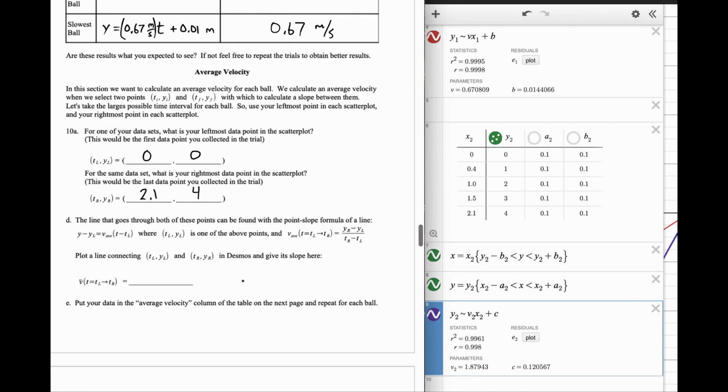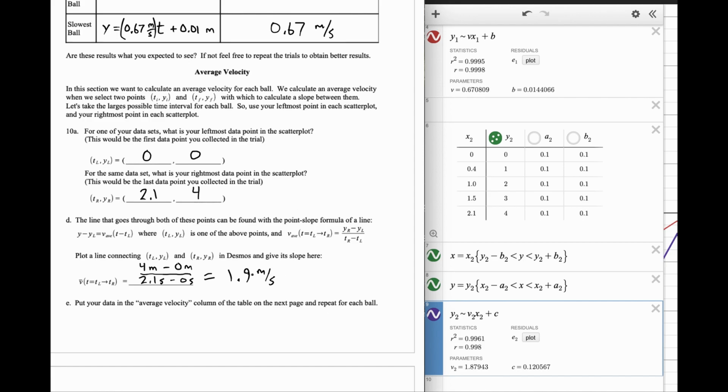And let's see, we'll get that the slope is going to be the right y minus the left y over the right time minus the left time. Alright, so, yeah, there we get 1.9 still. 1.9 meters per second for that.